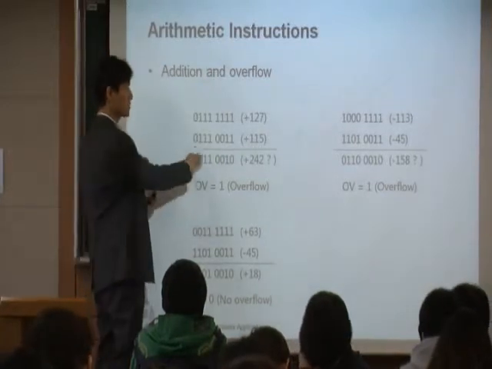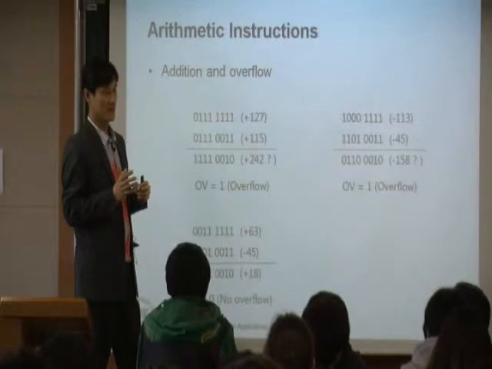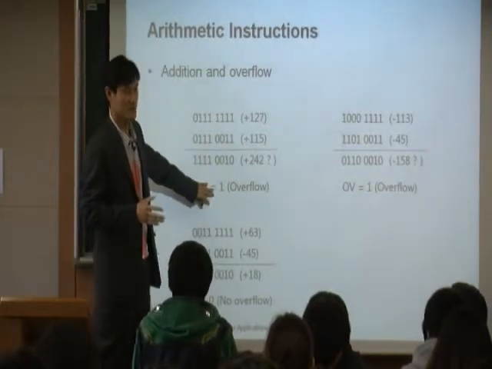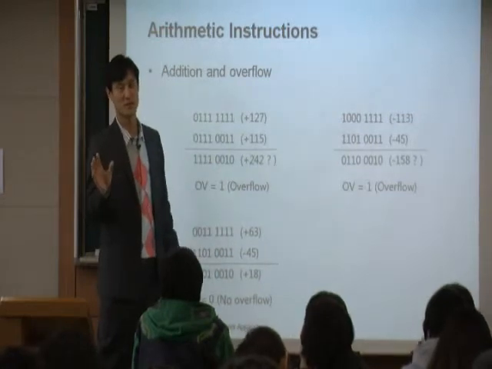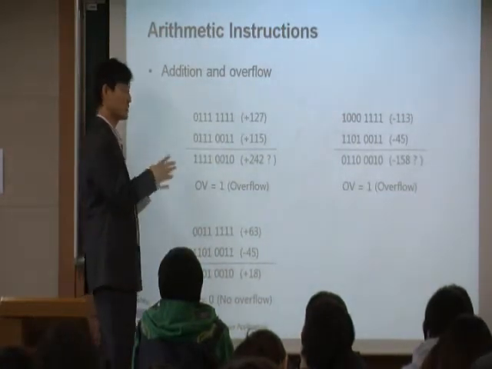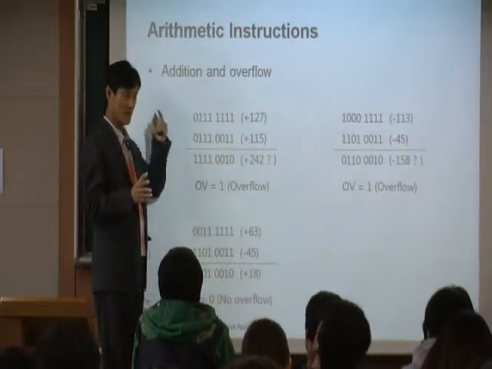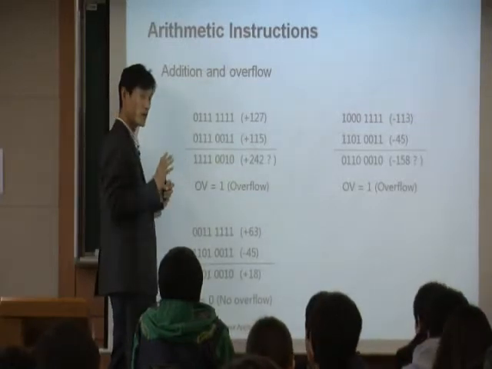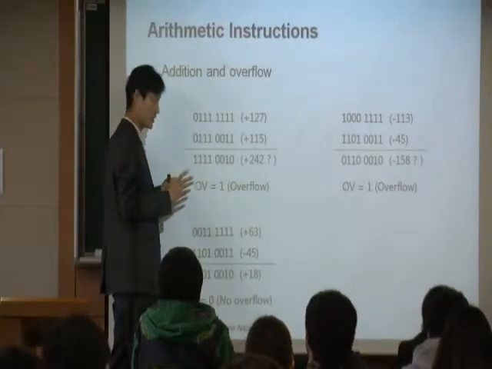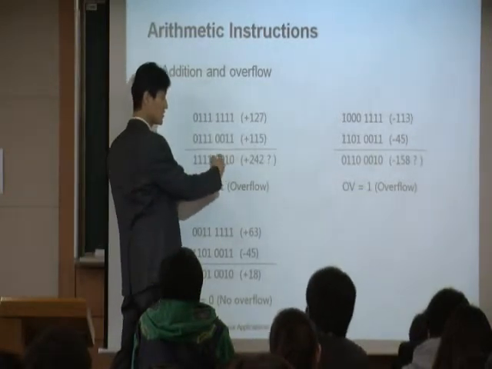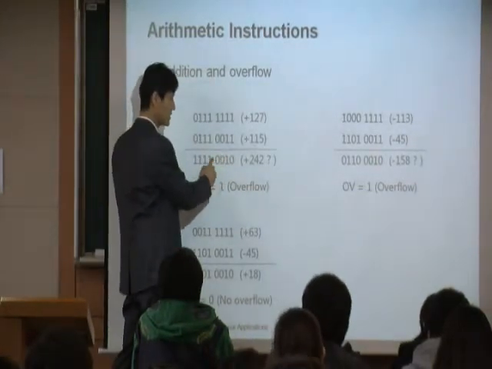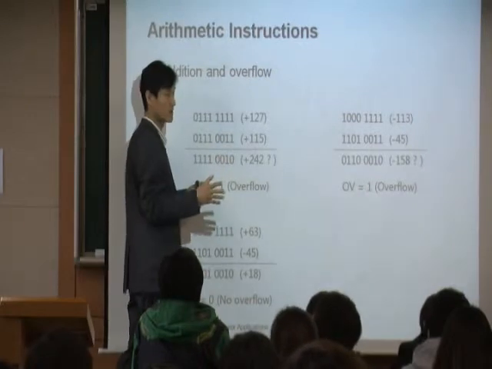If you want to read this one as unsigned, in that case you don't have to worry about this. You can ignore it. Okay? No problem. But if you want to read this one as signed, then you have to be careful. You always have to check the overflow, because when this condition happens, the value right here actually is negative.